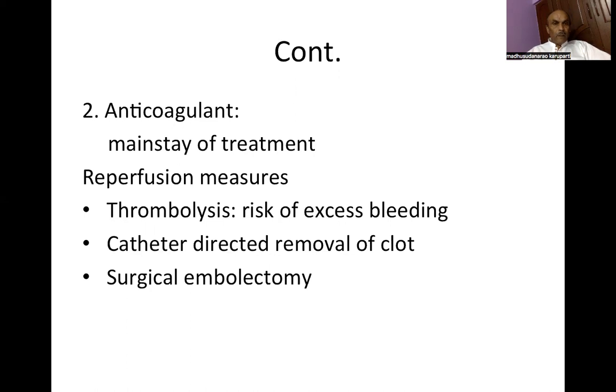Okay. Well, that is followed by reperfusion measures in order to open the pulmonary arteries where the pulmonary blood flow is obliterated. Thrombolysis should be cautiously given, okay, taking care of the excessive bleeding.